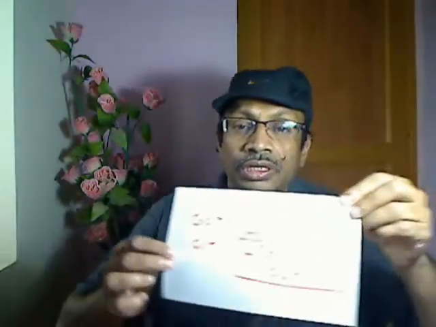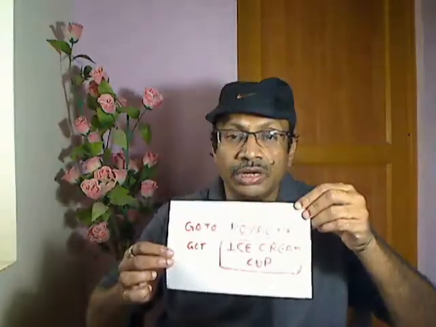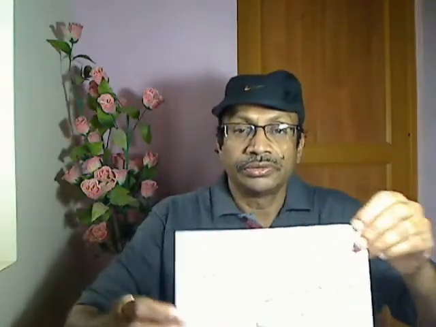The child will go and get you the ice cream cup, but from some other mall. Why? Because you have to understand, when you use that word, what is that word? You are asking, go to the Royal Mall.